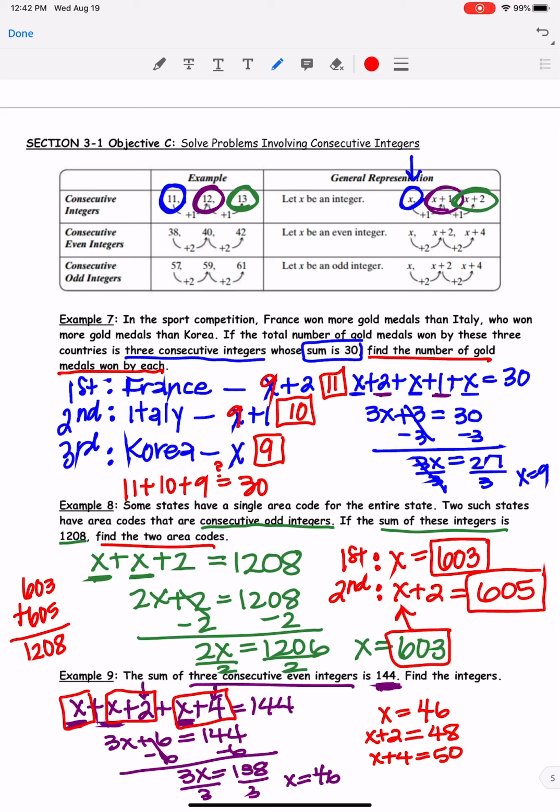So these are my 3 answers. And again, how do you check? Well, 1, they are 3 consecutive even integers. And when you add them up, you do get 144. So it works.